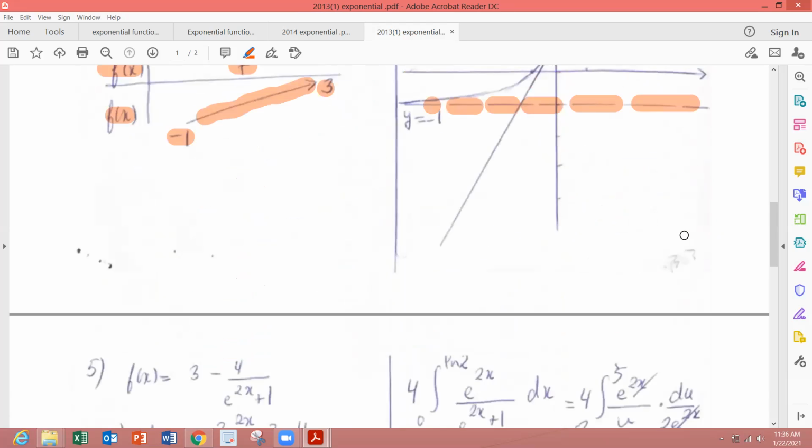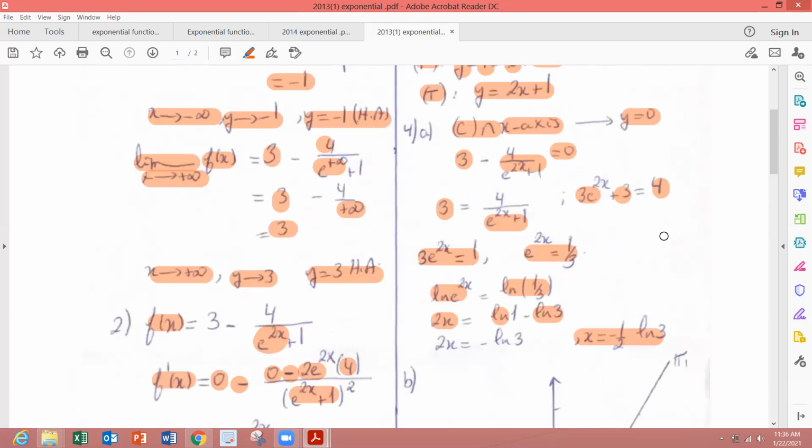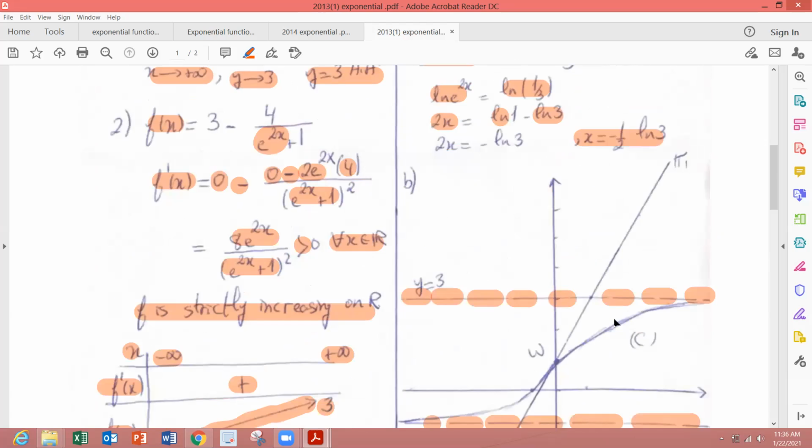Now to draw the tangent, we need two particular points. The tangent of equation y equals 2x plus 1 passes through x 0, y 1, this point W, and x equal 1, y equal 3.